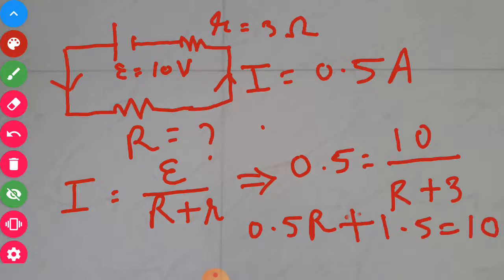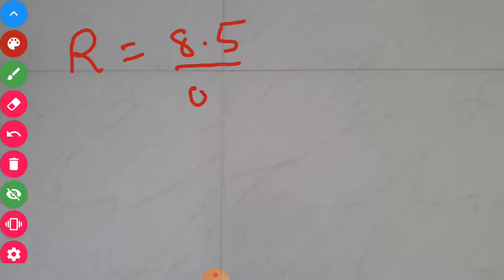So 0.5 R is equal to 8.5, because this 1.5 goes on the right hand side, 10 minus 1.5 will become 8.5. So resistance R will be equal to 8.5 divided by 0.5, so this becomes 17 ohm.